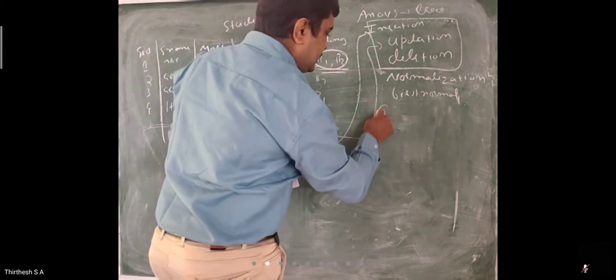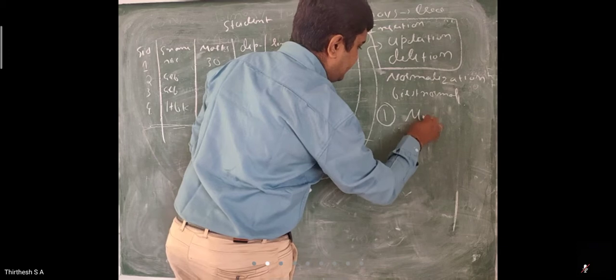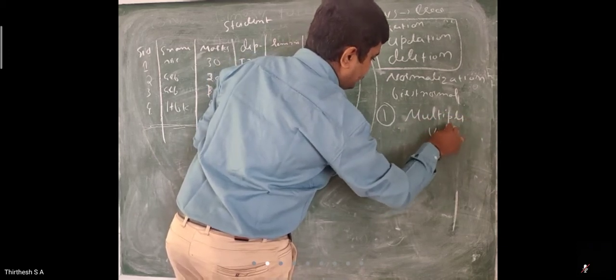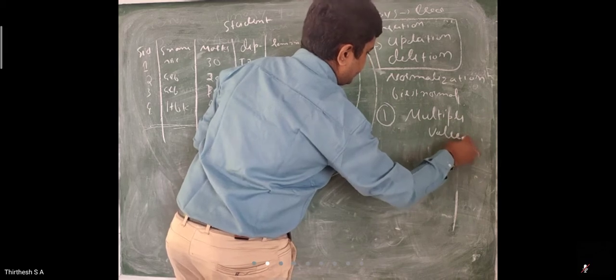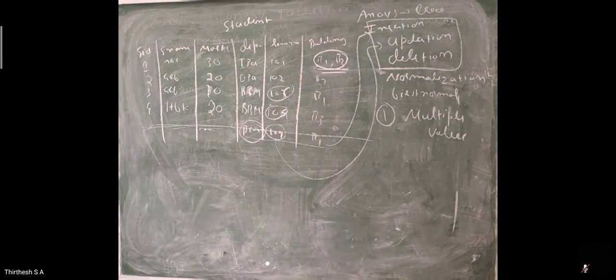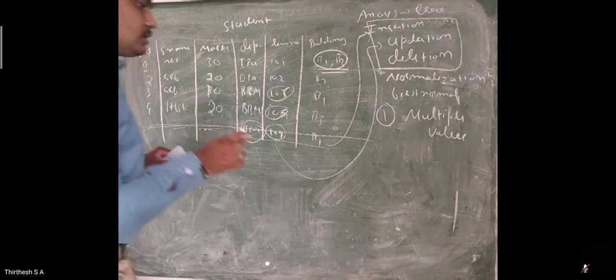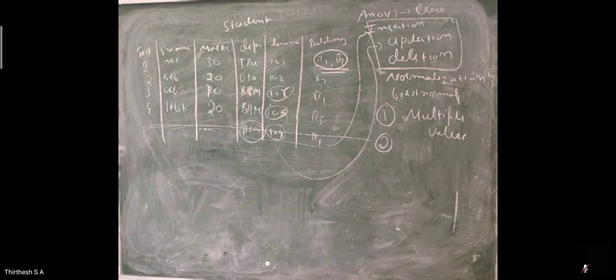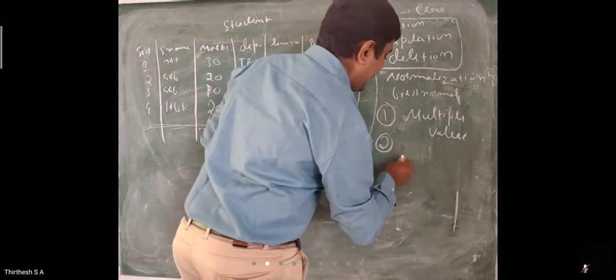The first rule is we should not have multiple values. Next, the second one is that every column in a table must be unique.